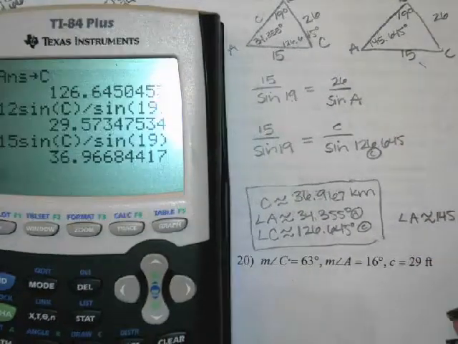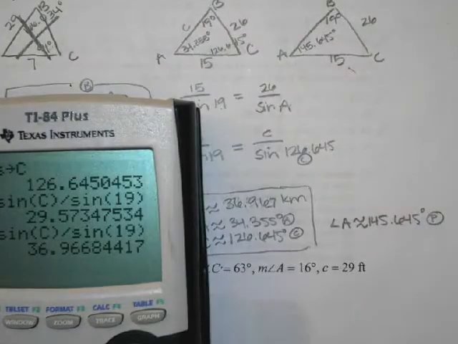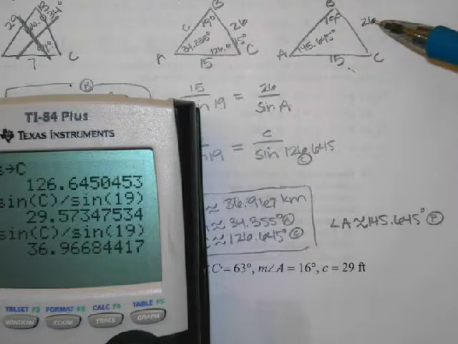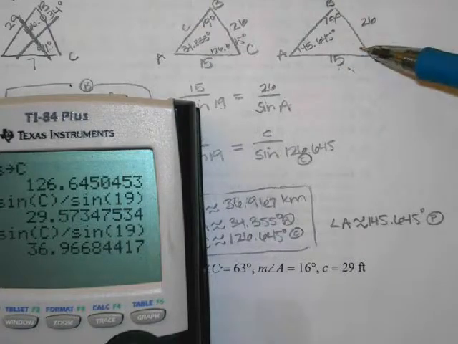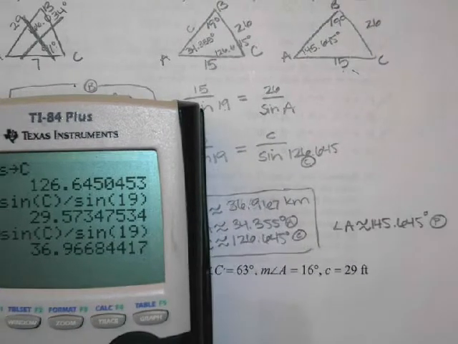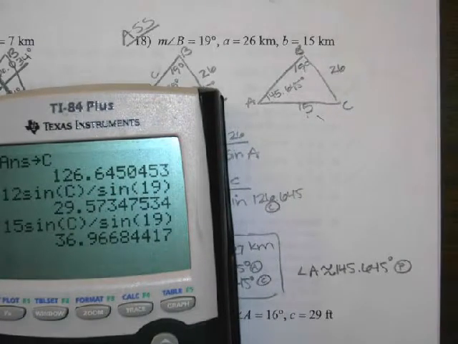And now we have to do the work to solve the second triangle. The second triangle has angle A and side A, angle B and side B. We need angle C and side C. So how can I find angle C?